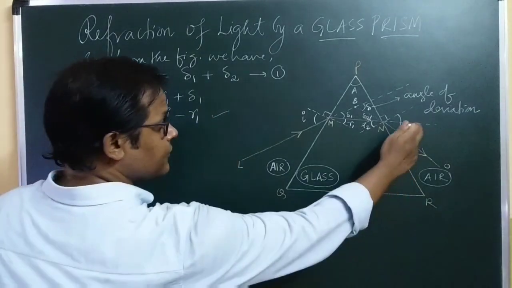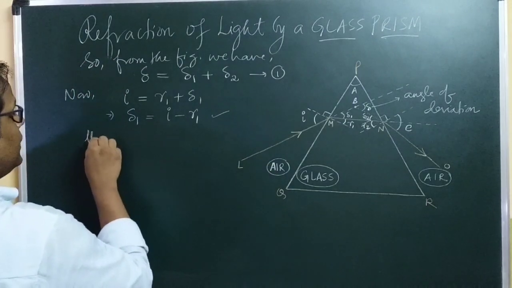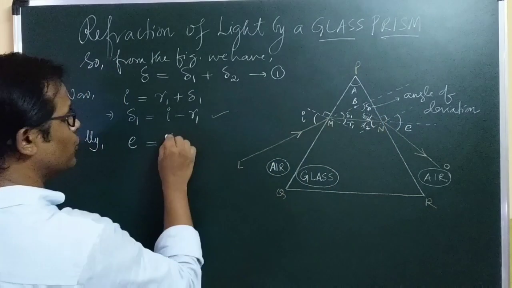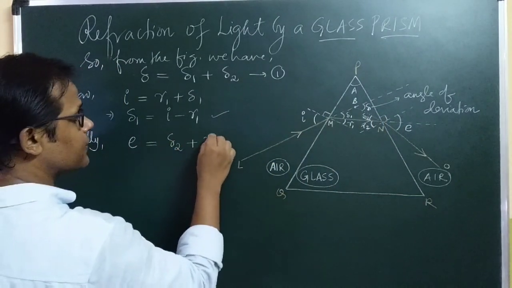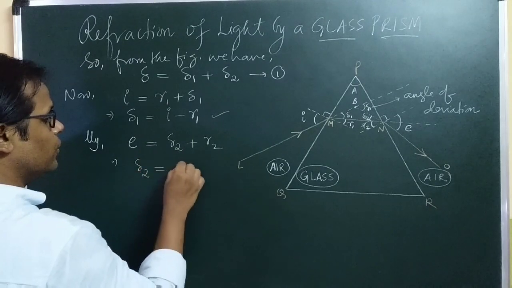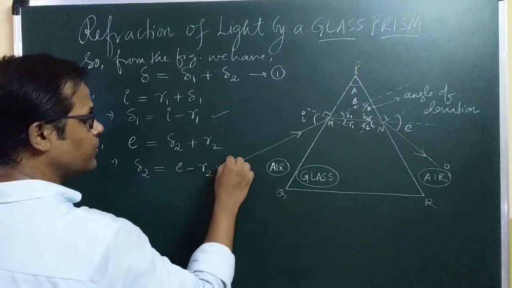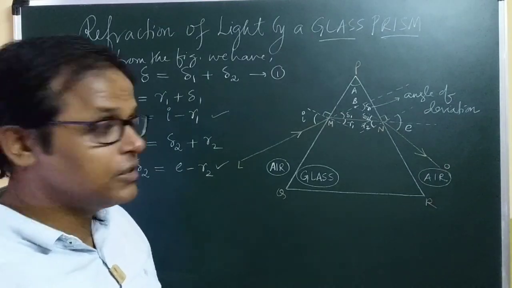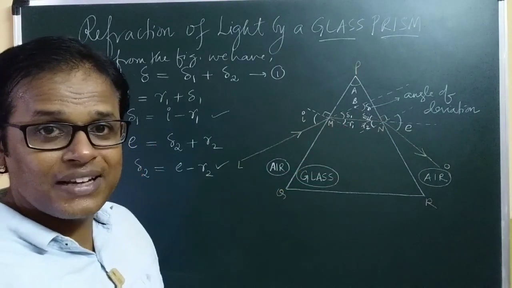Correct? Similarly, angle of emergence E should be equal to delta 2 plus R2. So delta 2 should be equal to E minus R2. Agree, my dear? You can pause it and cross check it perfectly.